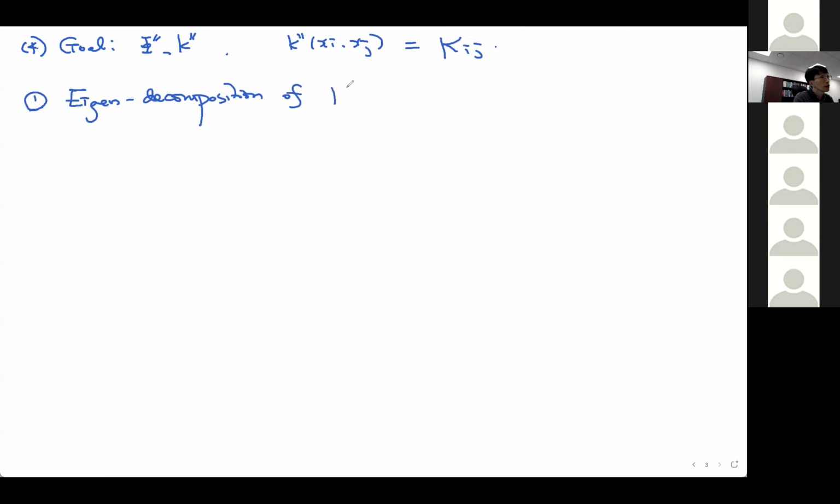Of K. So that means we have an orthonormal matrix U, whose columns are eigenvectors of K. And then we have a diagonal matrix sigma, where the values on the diagonal are eigenvalues, and we have the transpose of U. But because K is symmetric and positive semi-definite, the diagonal entries of sigma are all non-negative.